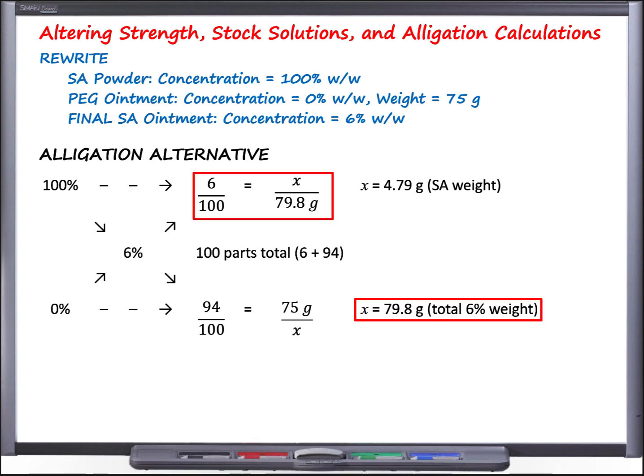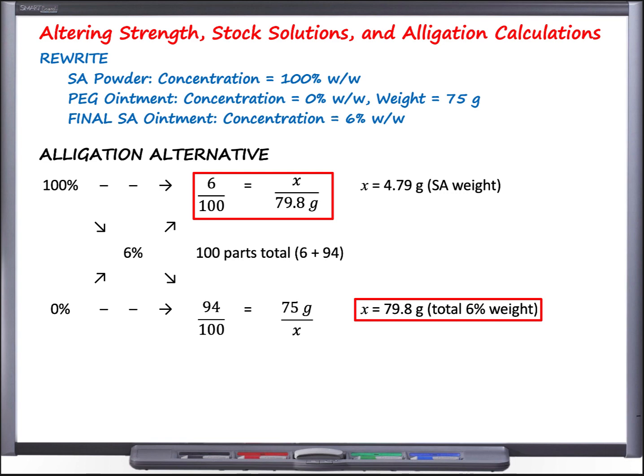So let's go back up to the top proportion. This top proportion said that we needed 6 parts of pure salicylic acid for every 100 parts of our combination mixture. We can set that equal to what we're solving for, the now unknown amount of salicylic acid powder, over the total combined weight.